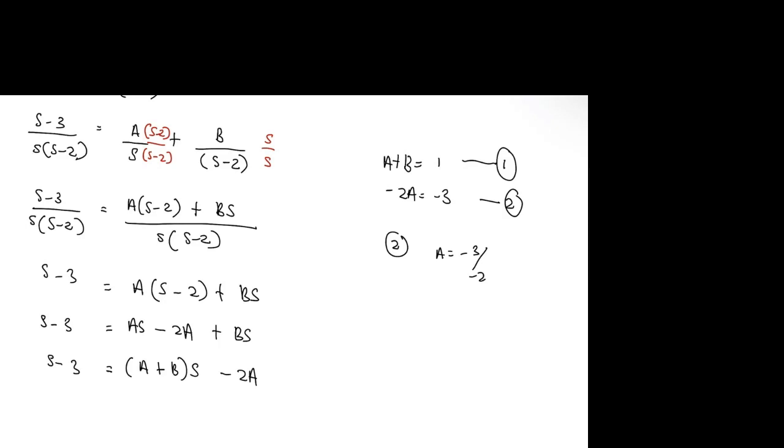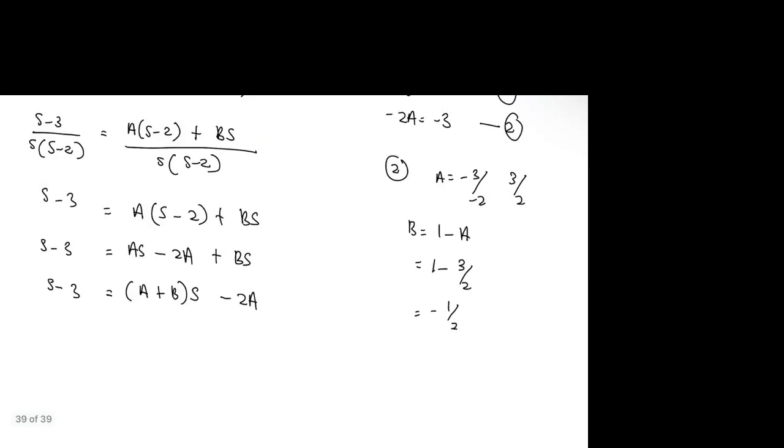And from equation 1, b equal to 1 minus a. So 1 minus, here will be 3 over 2. So 1 minus 3 over 2 is equal to minus 1 over 2. So from here, we know that a is 3 over 2, b is negative 1 over 2. This is method number 1. You can use this method in order to find a and b.